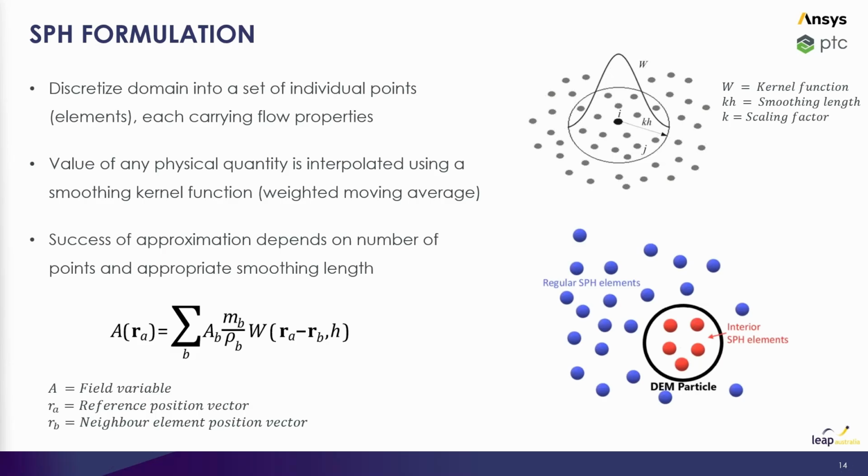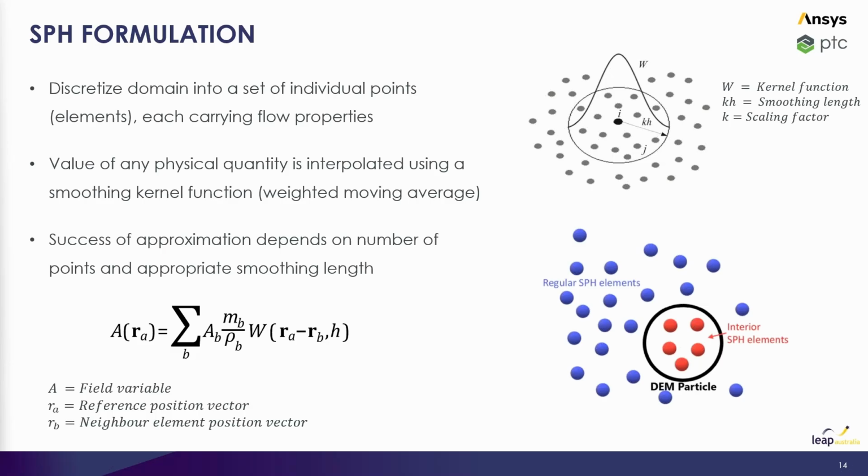Now, intuitively, you can think of each particle or element as small pieces of fluid which will interact with their neighbors through pressure and viscous forces. Each particle will contain and carry properties of that fluid, such as density, pressure, velocity, and the value of any physical quantity at any point in the fluid is interpolated from the properties of these particles and their spatial distribution. It's a function of their neighbors.